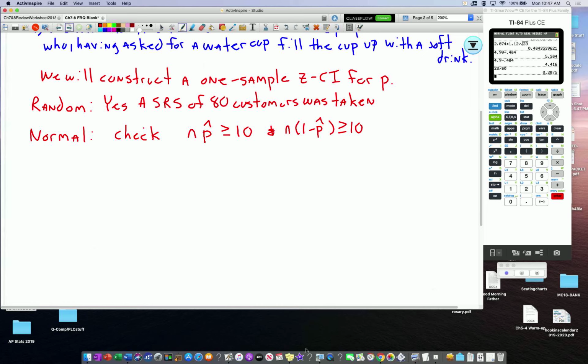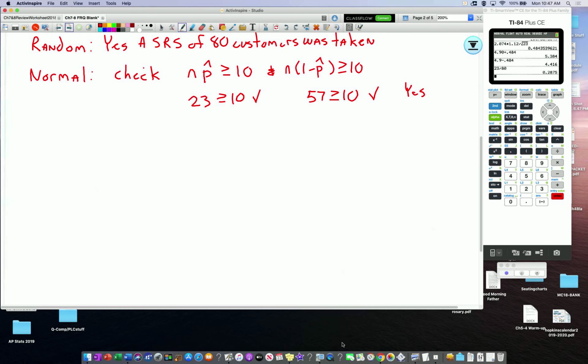Well, in our particular case, 23 customers actually did take the soft drink. That means 57 did not. These two numbers add up to the 80. Both check, so that's good to go.